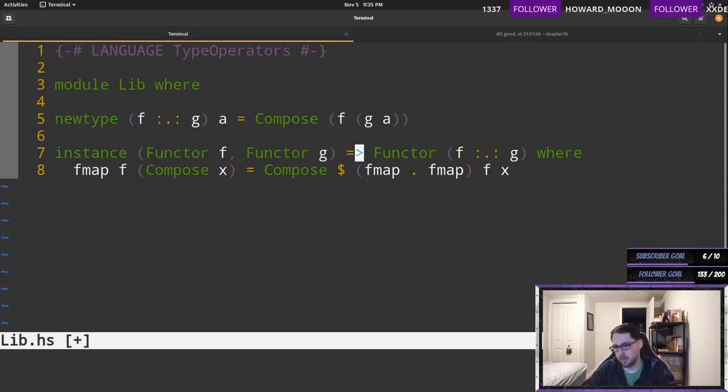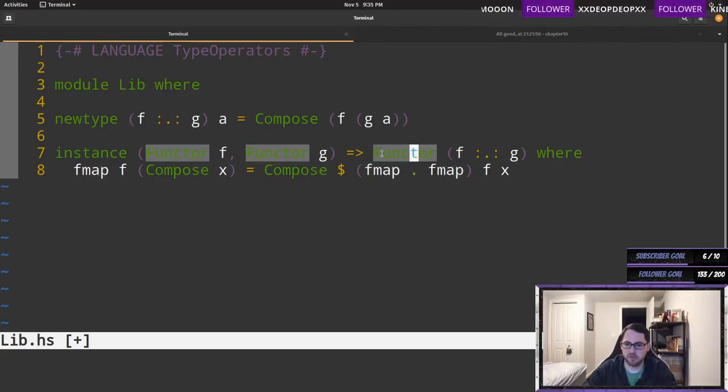Okay, that's what I thought. It just looked weird to me that way. Because we're basically trying to get to this A, and we know that these things are functors.